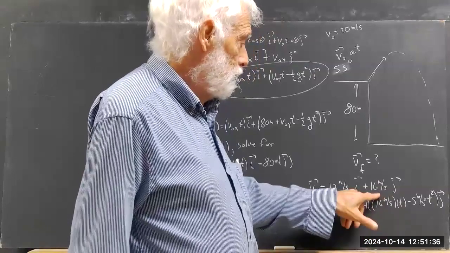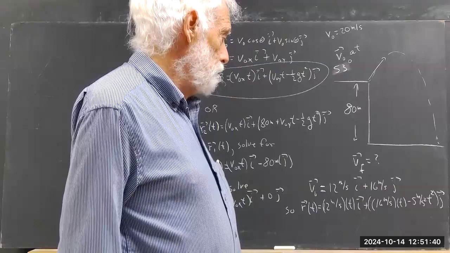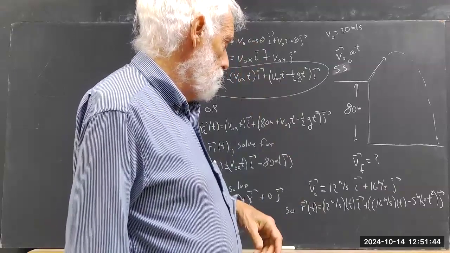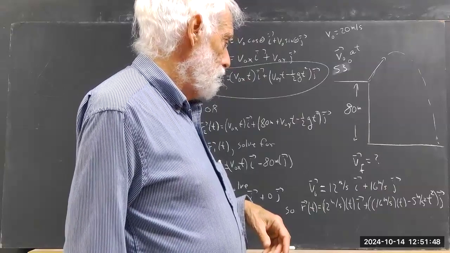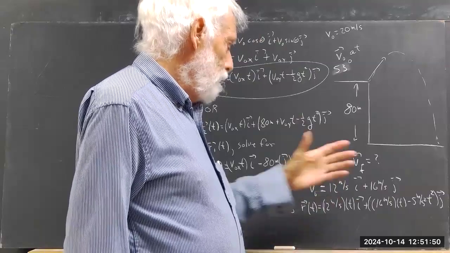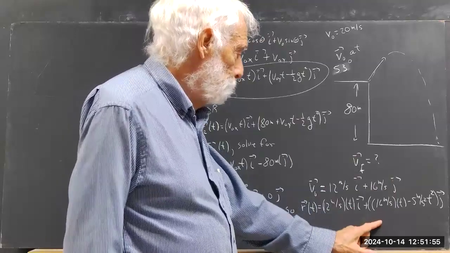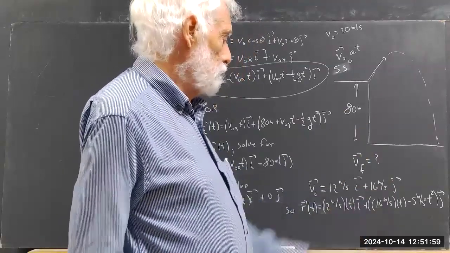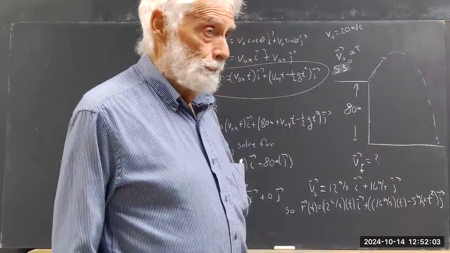If you then integrate 16 meters per second times j, you have to integrate it twice. No, you just have to integrate once. You get, anyhow, you get this. Okay, there's your position.